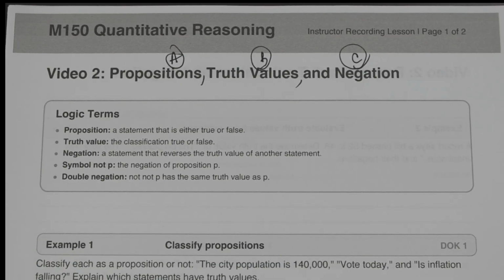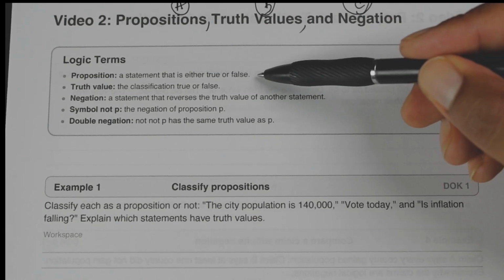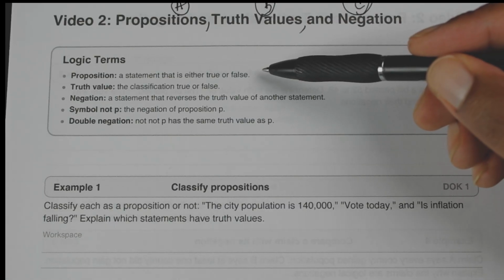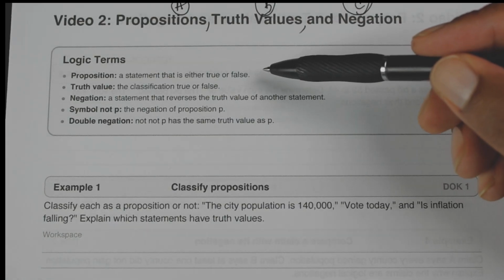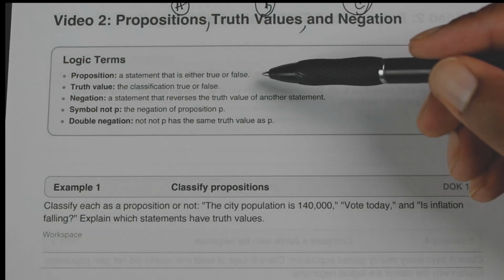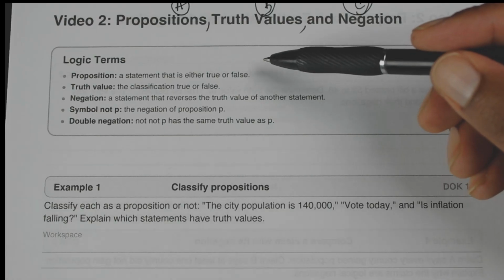All right. So a proposition is a statement that is either true or false. And that definition matters. For something to be a proposition, it must make a claim that can be assigned a truth value, right? So, for example, when I say that God exists, that can be assigned a value. I can say, for example, clean your room.